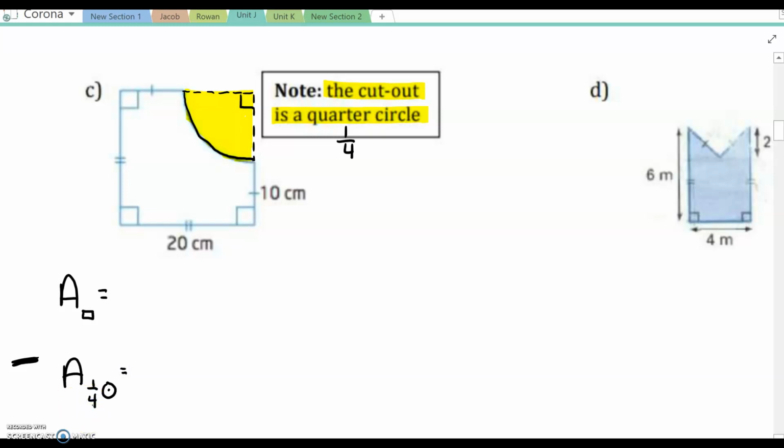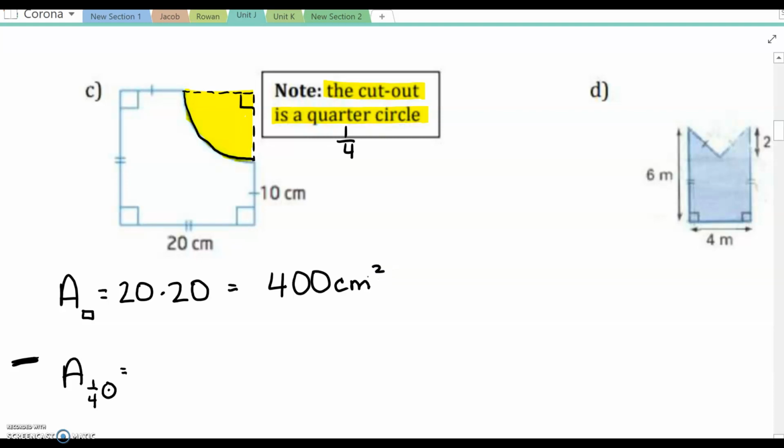So the area of the square, we have this side is 20, this side is 20. I know they're marking 10 over here, but that's only because we're not looking at the full side to begin with. It is a 20 by 20 square, which gives me an area of 400 centimeters squared.